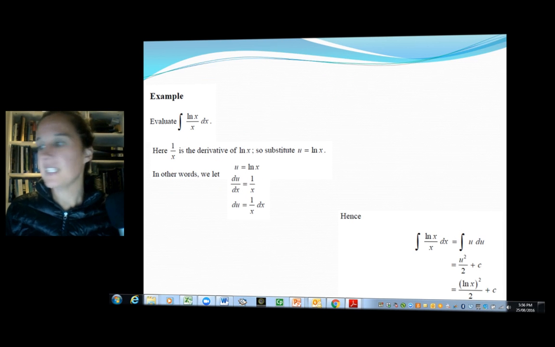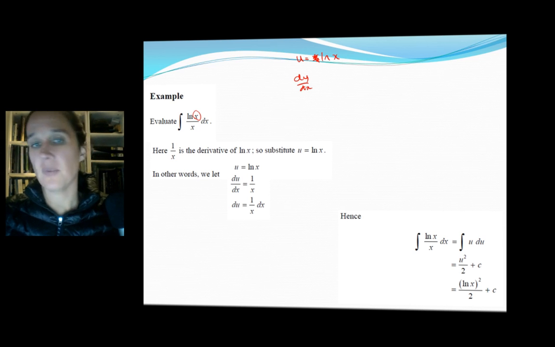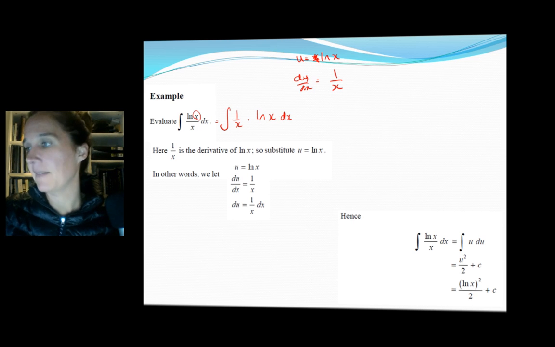So if we move on to this next one here, we've got here natural logarithm of x. So here we're saying, well, u is equal to our natural logarithm of x. So here when we differentiate this, du on dx, remembering our natural logarithm becomes 1 on x. Here our integral is the same as 1 on x multiplied by natural logarithm of x dx here.